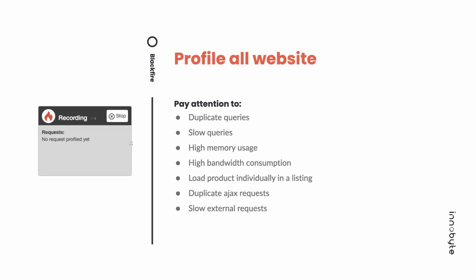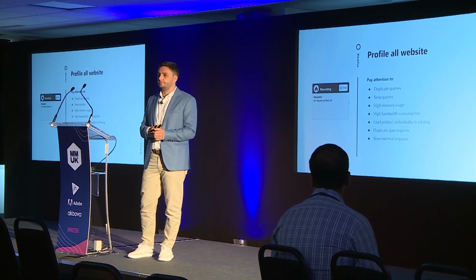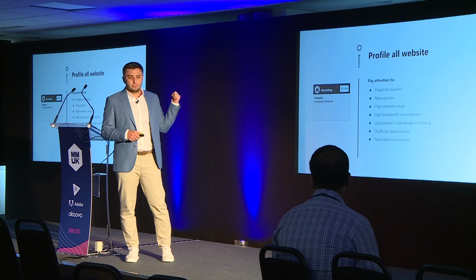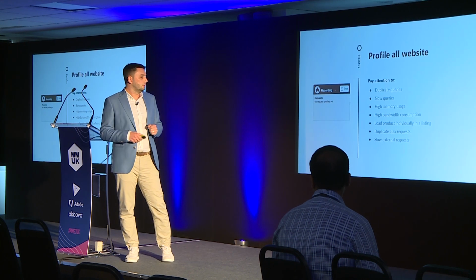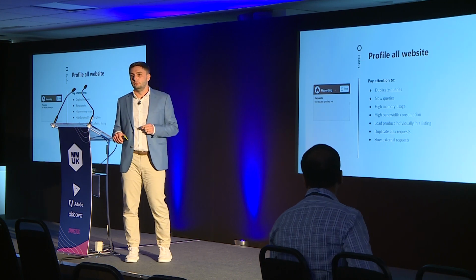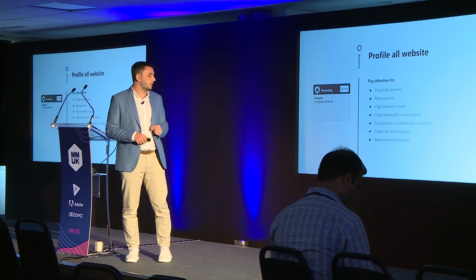So when you're doing a profile, there are some key points. One is duplicate queries. You will find that, for example, each module is loading the product to do the same thing or to get the price. You can find slow queries like the one in the previous slide. Pay attention to high memory usage and high bandwidth usage. Those will add CPU time, that will add high response time.